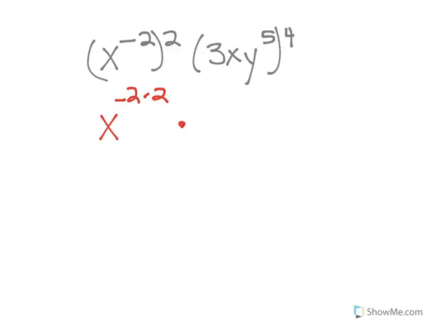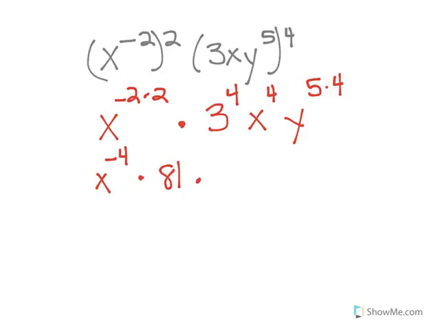In our second, a product raised to a power means that the 3 is raised to the fourth power, the x is raised to the fourth power, and the y is raised to the 5 times 4. So negative 2 times 2 leaves us with x to the negative 4, times 3 to the fourth, which is 81, times x to the fourth, times y to the 5 times 4, or y to the 20th.